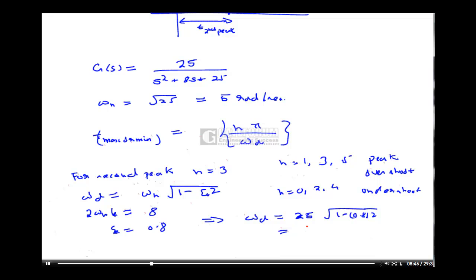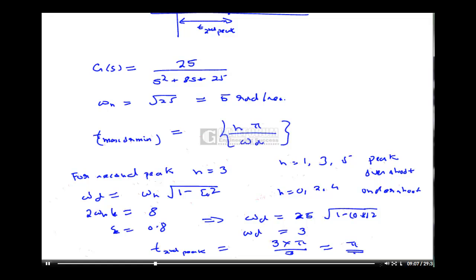This is equal to 5 into 0.6, which is equal to 3. Okay, thus t second peak is equal to 3 into pi by 3, which is equal to pi. Thus pi seconds is the answer for this.